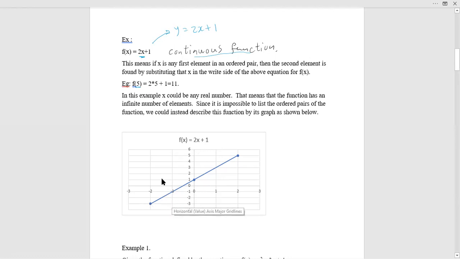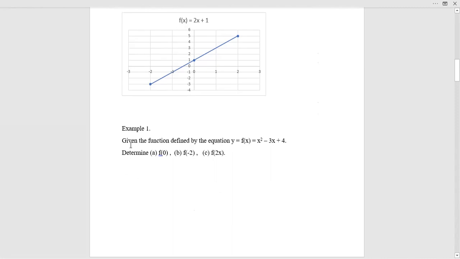So the main idea here is you cannot write the function as a set of ordered pairs, because it is an infinite number of points. Therefore, instead of writing x and y ordered pairs, we can draw the graph of the given function.